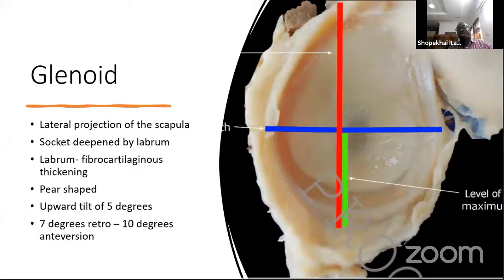The glenoid is the lateral projection of the scapula, and its socket is deepened by the labrum. In this diagram, we try to see that deepening of the socket. This labrum is a fibrocartilaginous thickening. We know that the glenoid itself is pear-shaped with an upward tilt of 5 degrees and 7 degrees of retroversion to 10 degrees of anteversion.